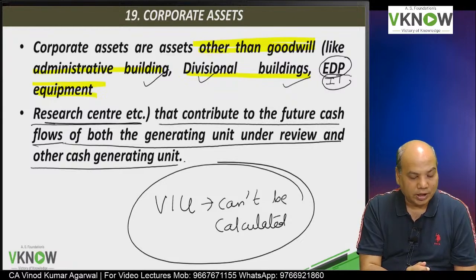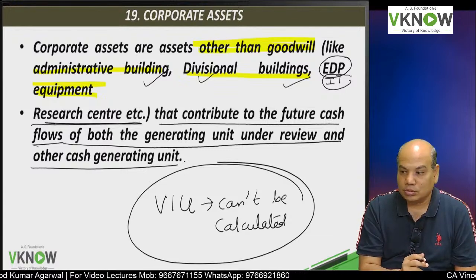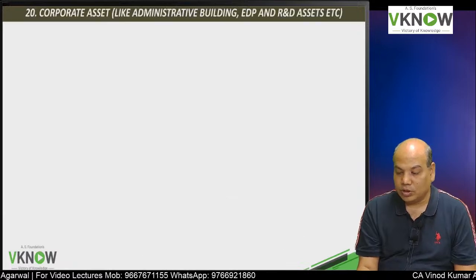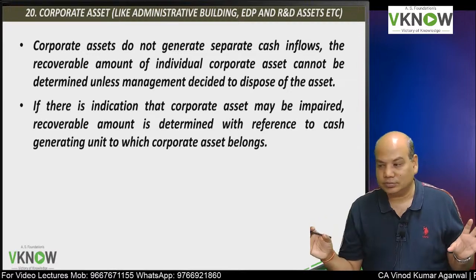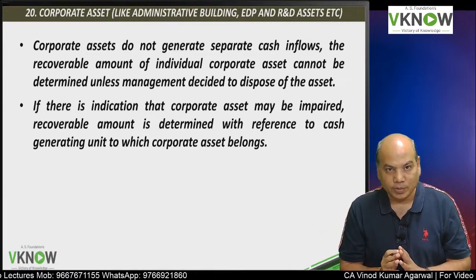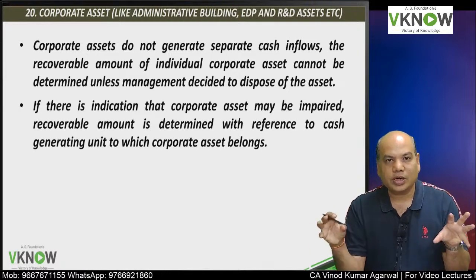If they don't generate independent cash flow, how can you compute their value in use? So how do I test them for impairment? By allocating it. Once there is an indication of impairment of a corporate asset, you will have to allocate it.